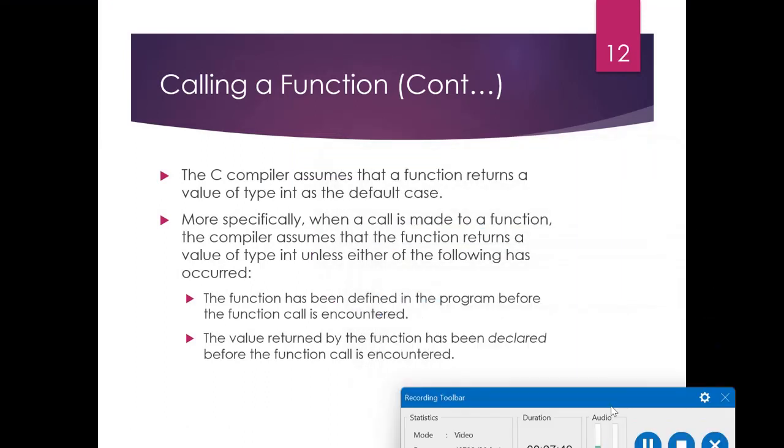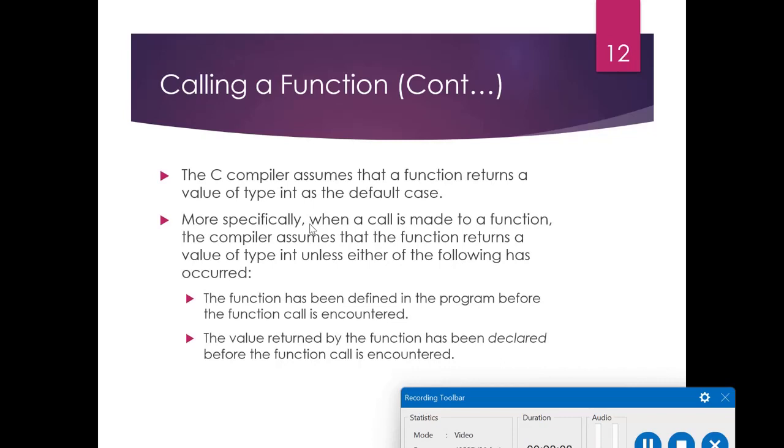Calling a function, let's continue this. The C compiler assumes that the function returns a value of type int as the default case. We have talked about this one, and the function has been defined in the program before the function call is encountered. If these things have occurred, that's no problem.